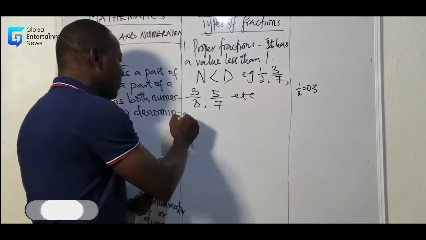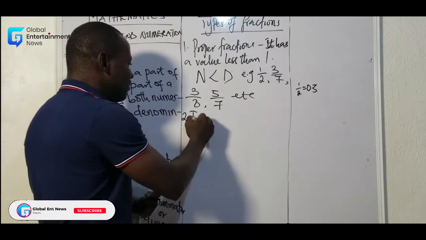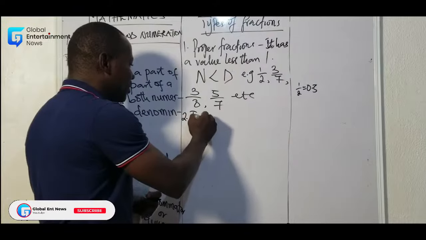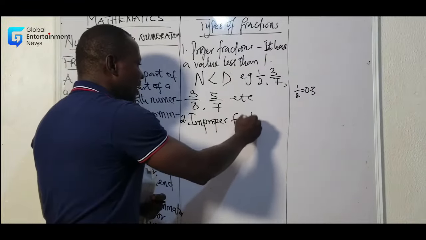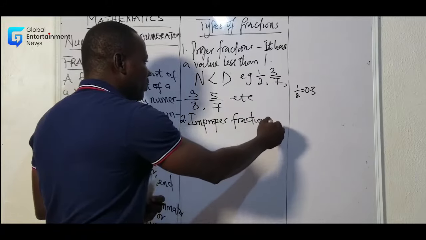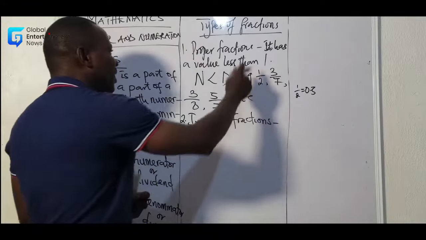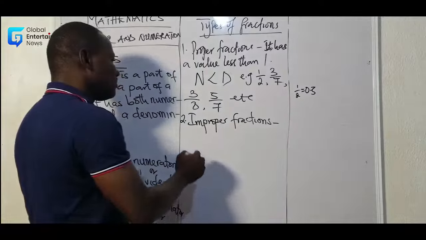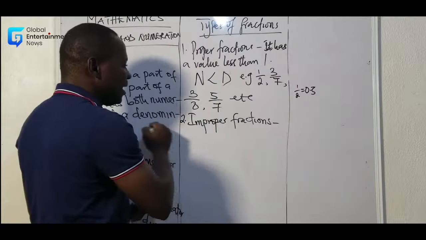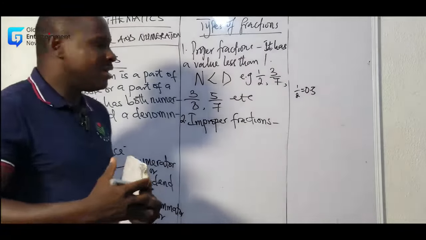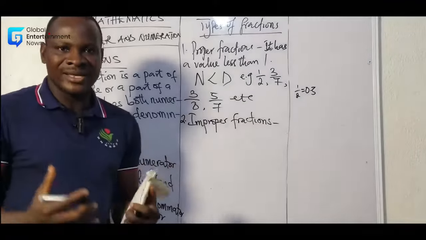Now, the second type of fraction, we call it improper fraction. What do we call improper fractions? Improper fractions are fractions that have a value greater than 1.